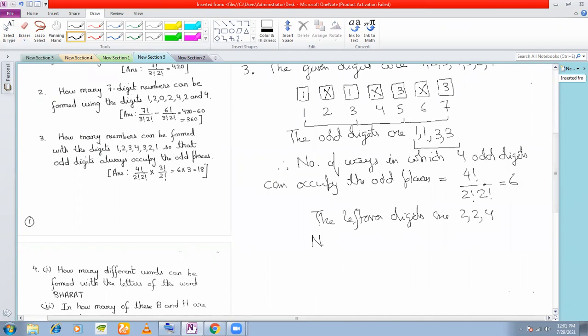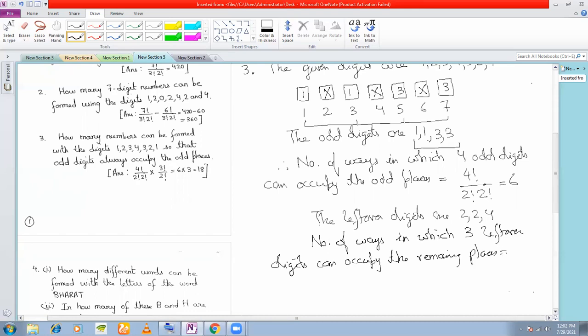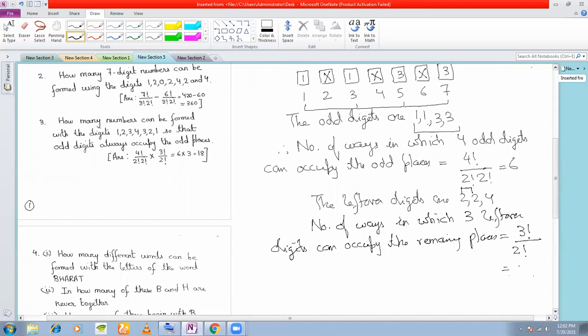So number of ways in which 3 leftover digits can occupy the remaining places. How many ways? 3 digits are there, right? So factorial 3. And because 2 is repeated here twice, I have a factorial 2 in the denominator. That's it. So this will become 3.